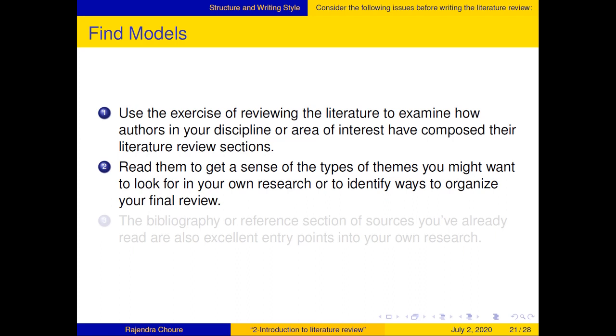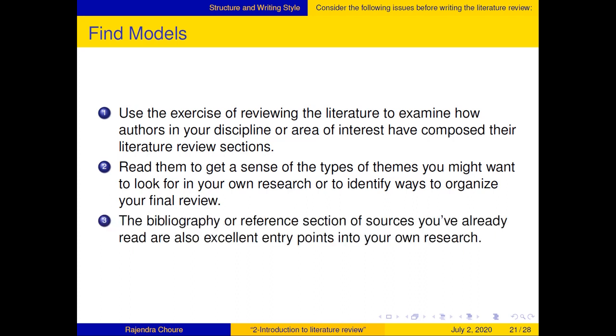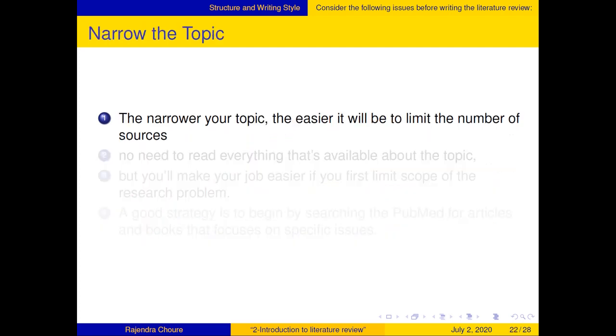By reading the previous work you can build your own idea of what a literature review is and how to write it. Then you can visit the bibliography or reference section of the sources, and those will also direct you to the previous literature which is available in the public domain. That literature you can use to start writing your own literature review.